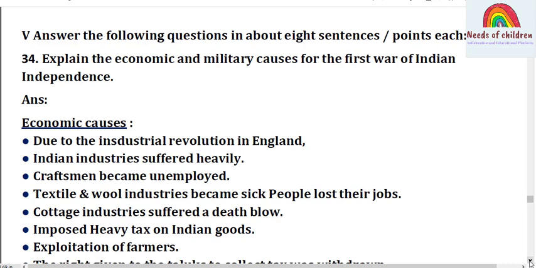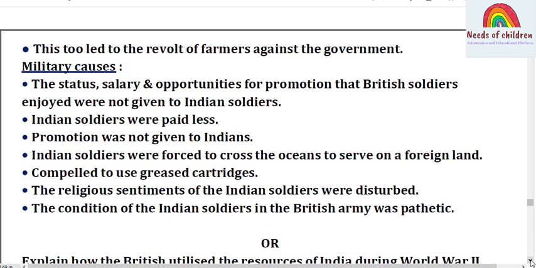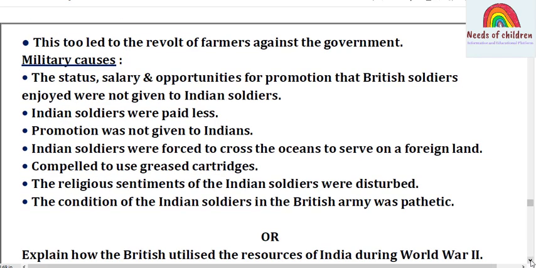Cottage industries suffered a death blow. Heavy tax was imposed on Indian goods. Exploitation of farmers. The right given to the taluks to collect tax was withdrawn. They took back the Inam lands. Farmers felt insulted and experienced financial problems. This too led to the revolt of farmers against the government.